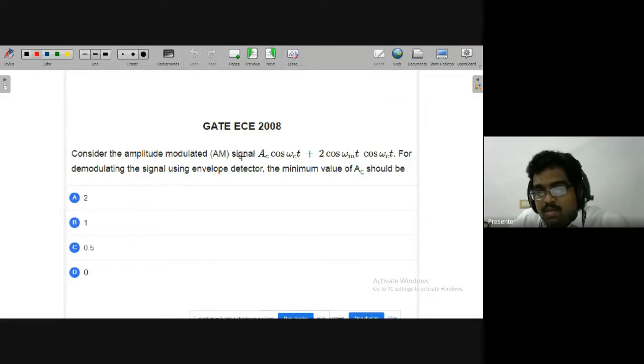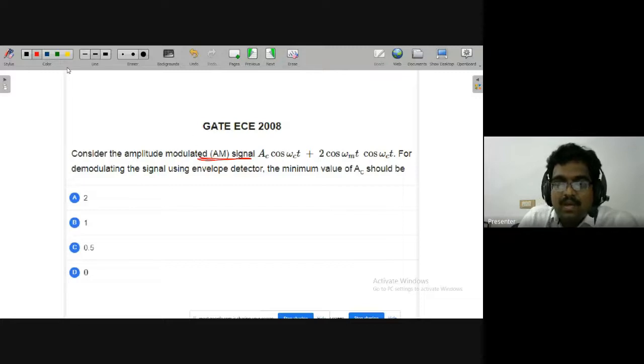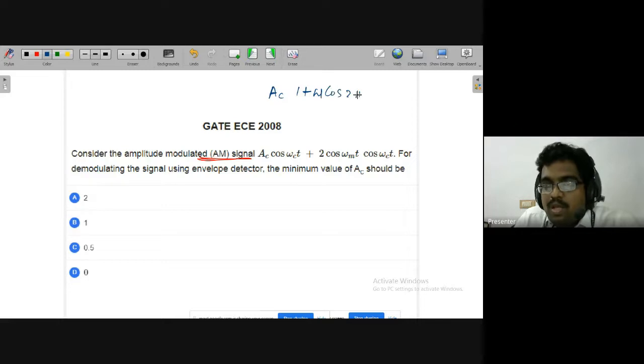Next question. This is based on yesterday's class. We are given a signal, and they mention this is an AM signal. I hope you remember our formula. The AM signal is given as Ac times 1 plus mu cos 2 pi Fmt, into cos 2 pi Fct.